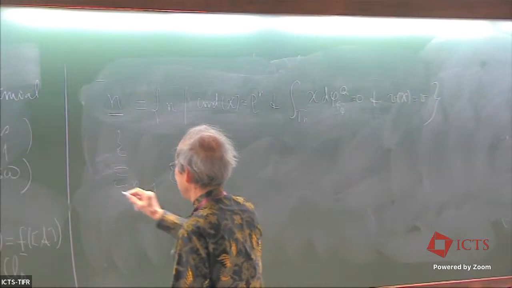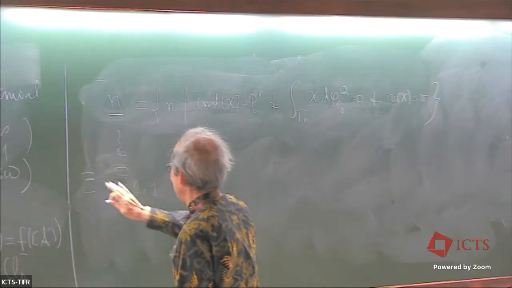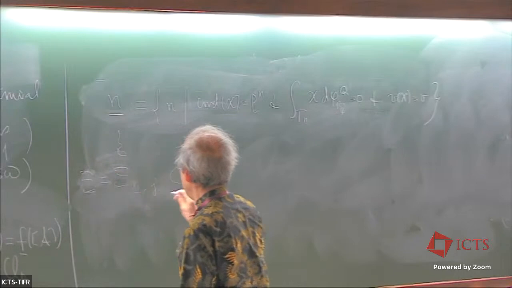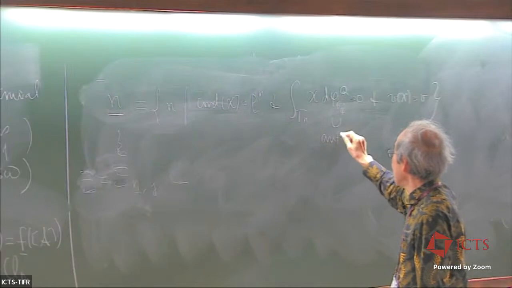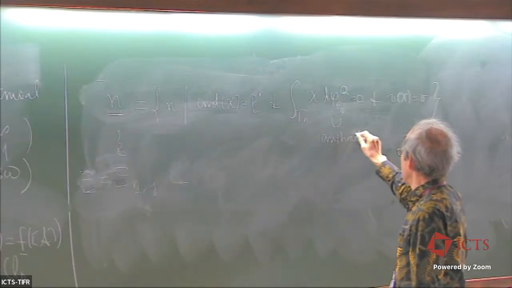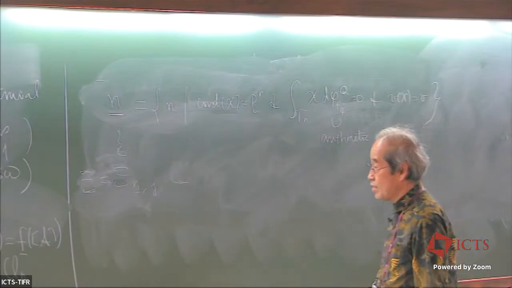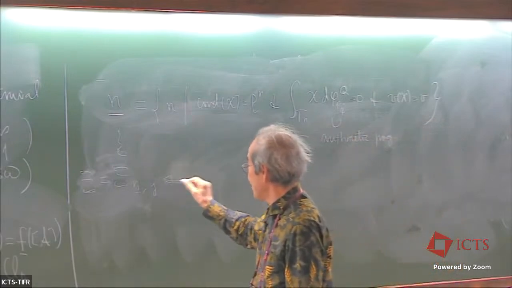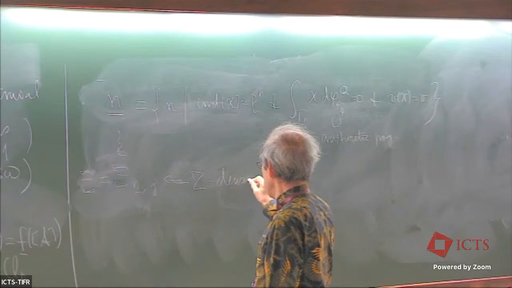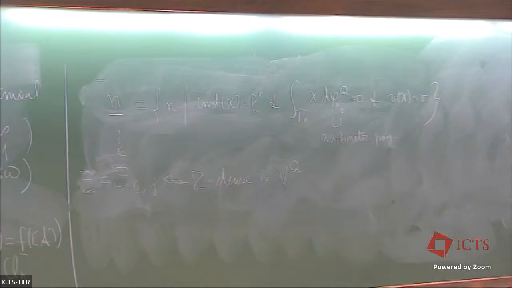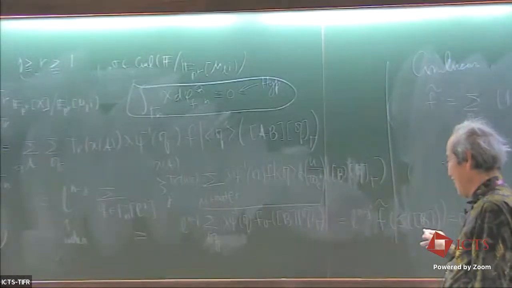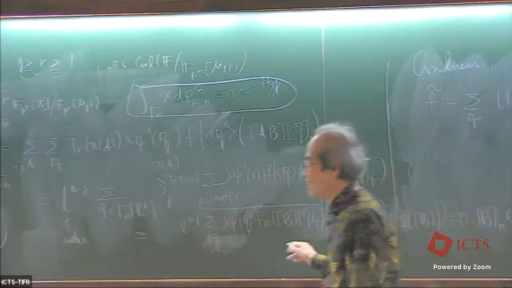If this guy is psi, so if this nj contains an arithmetic progression, then this is Zariski dense in V to the q, and this fv value at the points in psi vanishes entirely.